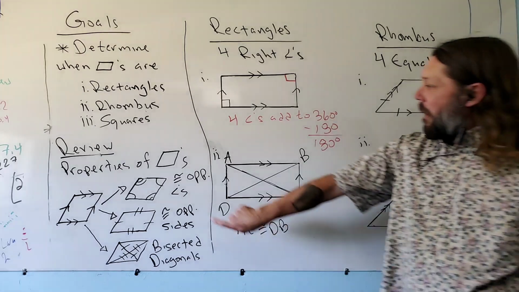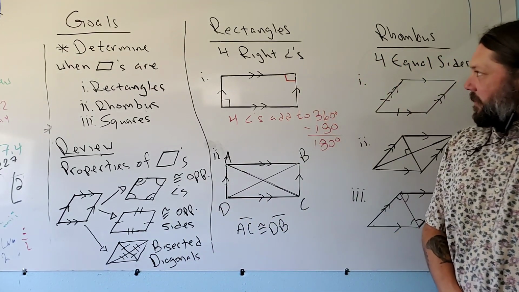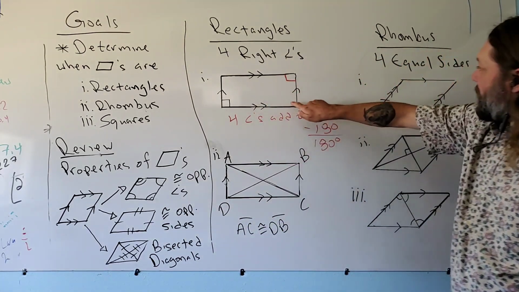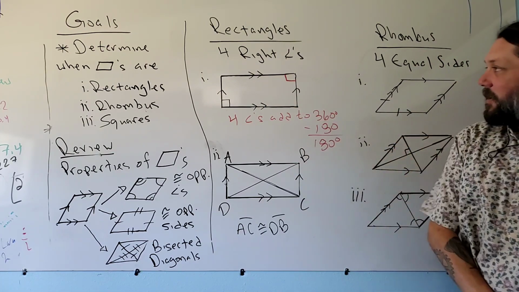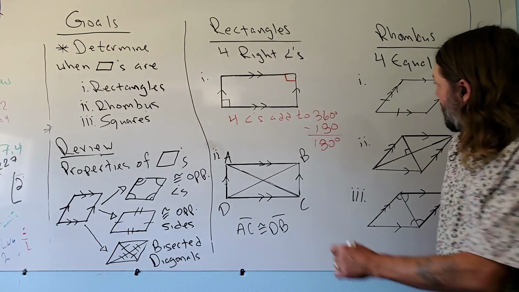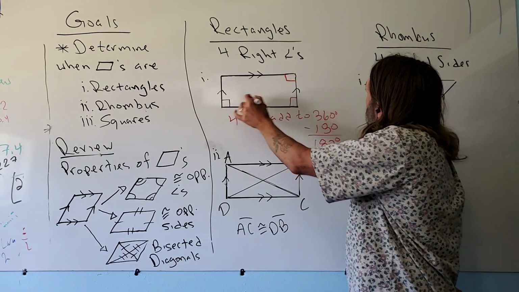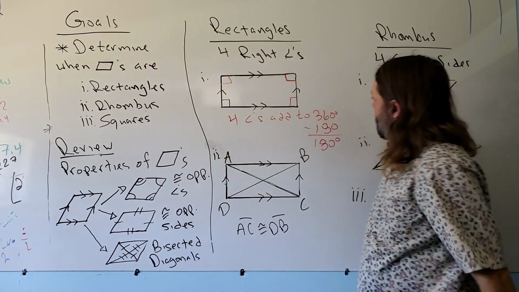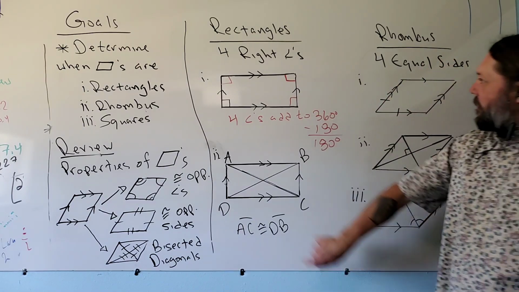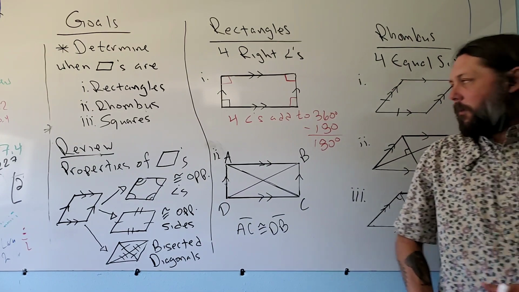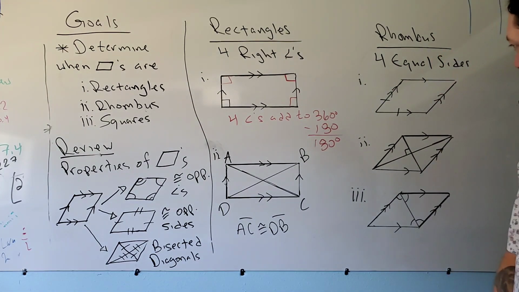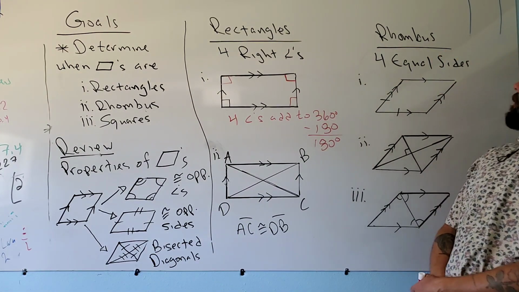Now remember, opposite angles are congruent, right? So that means that this angle is the same as that angle. And if the 2 angles are the same and they add up to 180 degrees, that forces both remaining angles to be right angles. So again, starting with a parallelogram that has 1 right angle, we can reason that the other 3 angles themselves must also be right angles.